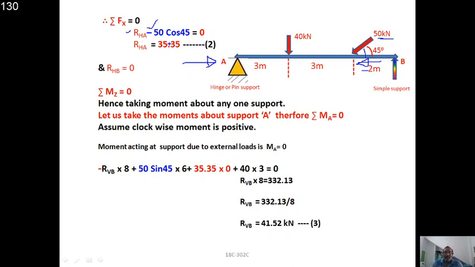Hence RHA minus 50 cos 45 equals 0, and you obtain RHA equal to 35.35 kilonewtons.